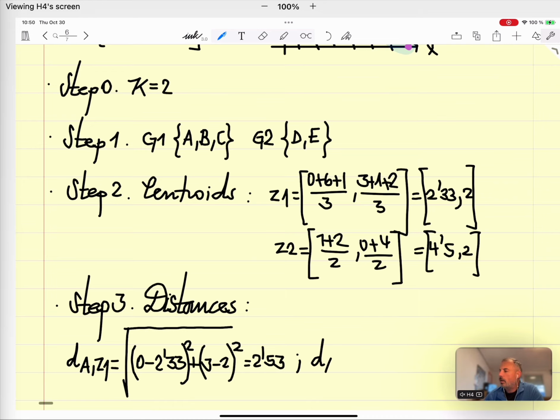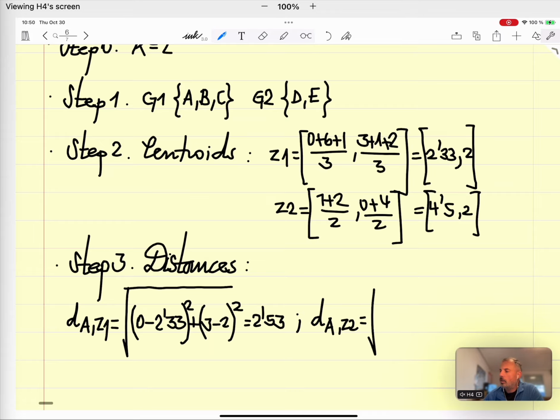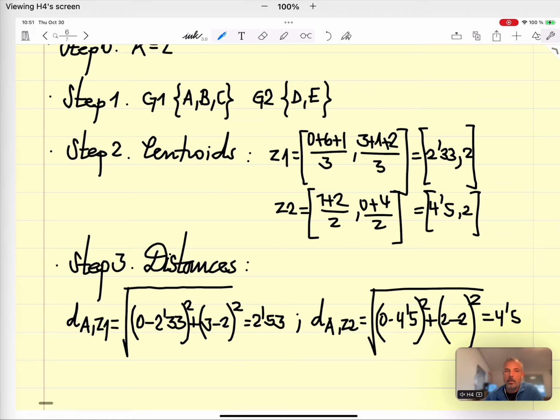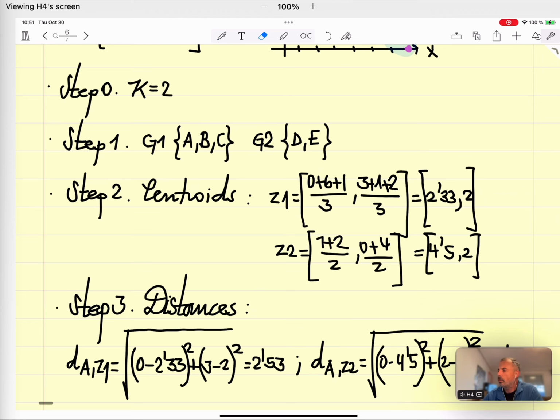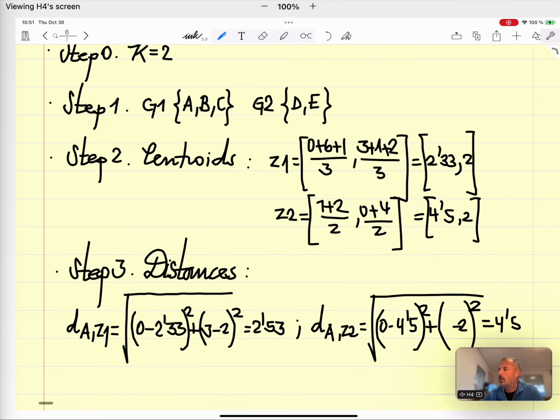The distance of point A to centroid 2 equals 0 minus 4.5 squared plus 3 minus 2 squared, which will deliver 4.6 something.